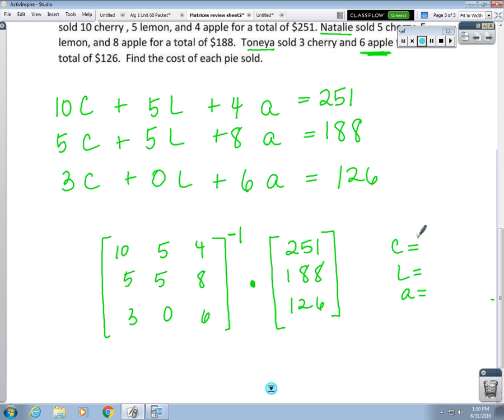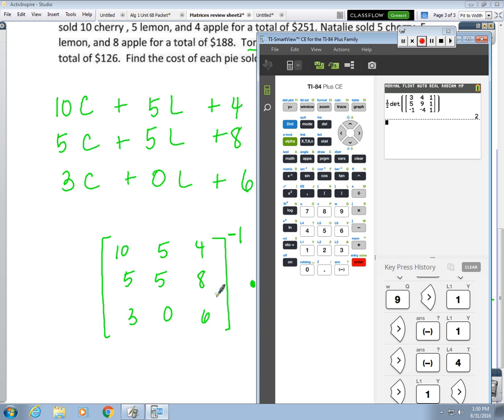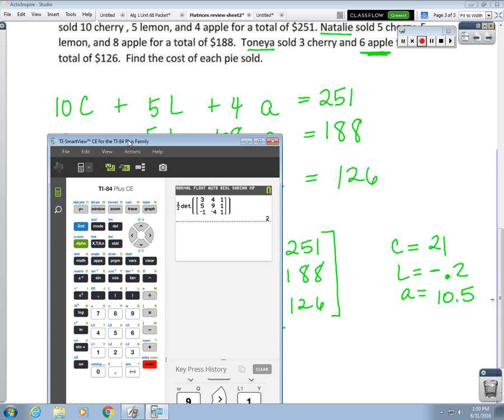Okay, how much was a cherry pie? $21. Okay, how much was lemon meringue? So it must have been so bad they paid people to eat it. And how much was apple? Okay, so like $10.50. You can at least check those values if you're unsure if you did it right with maybe the top equation.